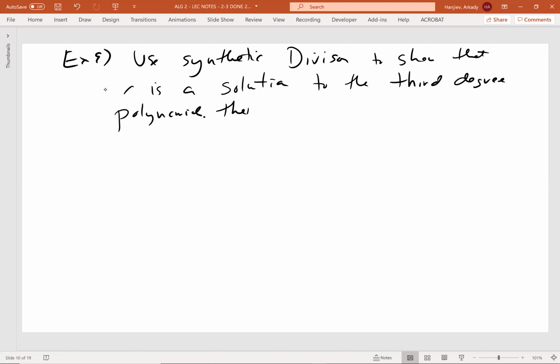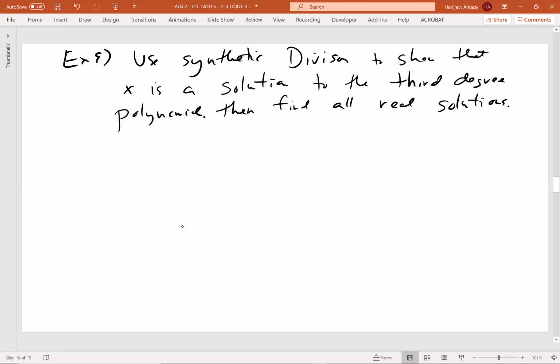Then find all the real solutions. So this one's going to be a little bit of a big step here. Is that supposed to be an x and a different line? Thank you. Okay, use synthetic division to show that x is a solution to the third degree equation, and find all the remaining solutions here.